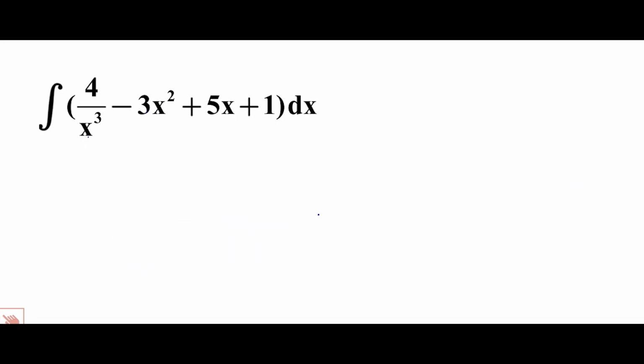The integral of 5 over x cubed minus 3x squared plus 5x plus 1 dx.